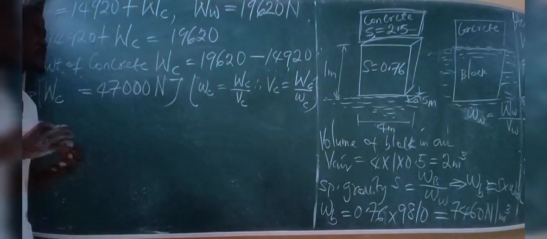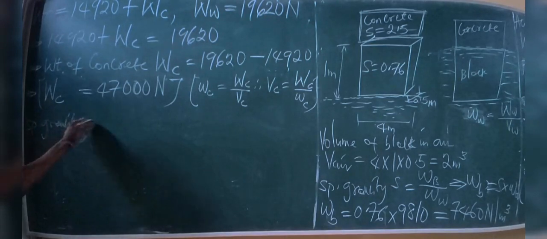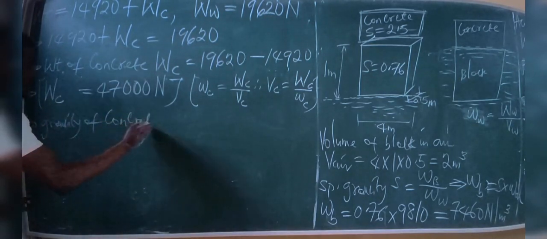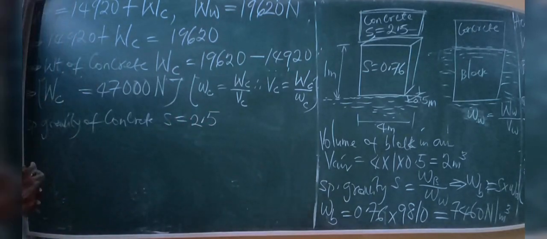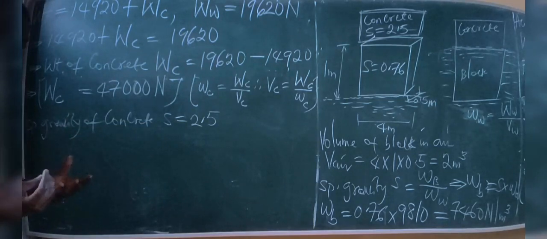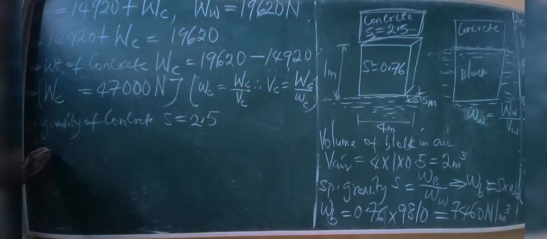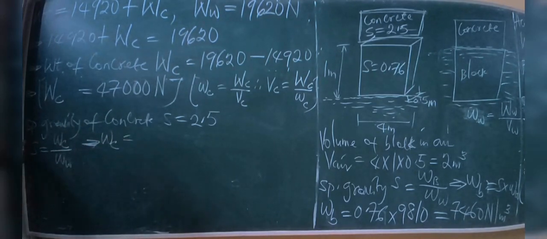Now we are given the specific gravity of concrete. S was given there as 2.5. So if this is the specific gravity of concrete, we can find specific weight using our formula for specific gravity. Specific gravity S is equal to specific weight of concrete over specific weight of water. You can make specific weight of concrete the subject by cross multiplying.